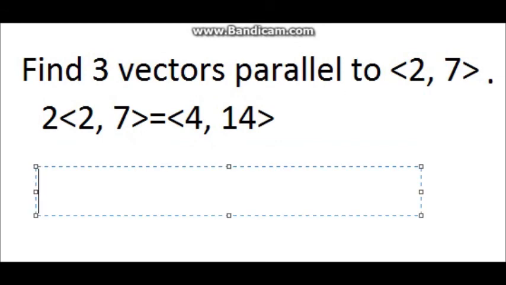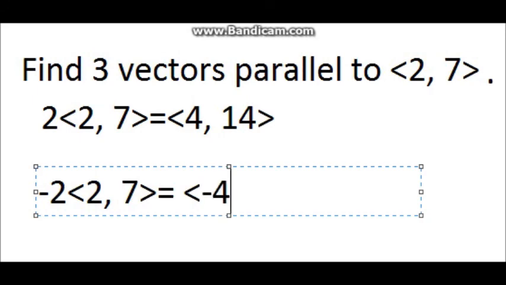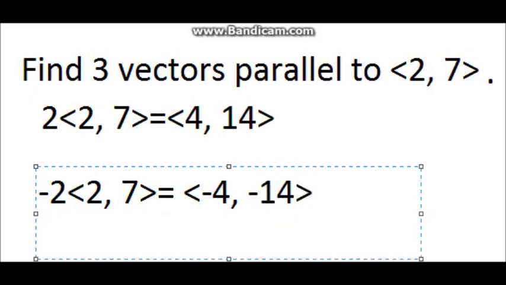And for the next one, we could do, I don't know, negative 2. Negative 2 times (2, 7) equals (negative 4, negative 14). And again, you can pick any number. There are infinite choices.